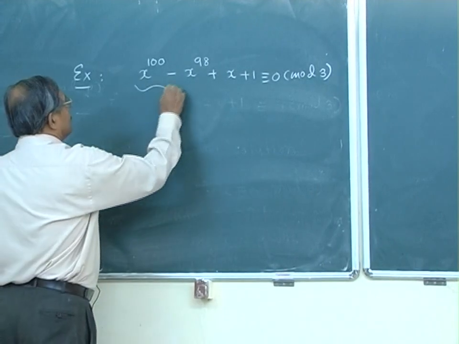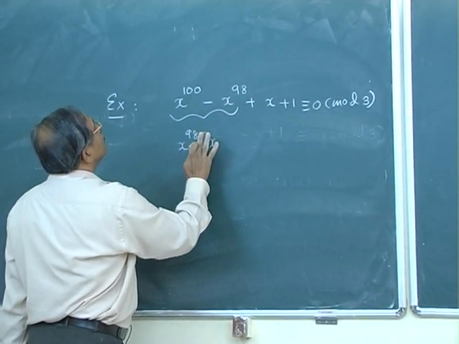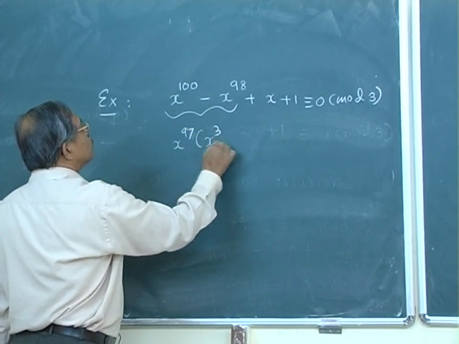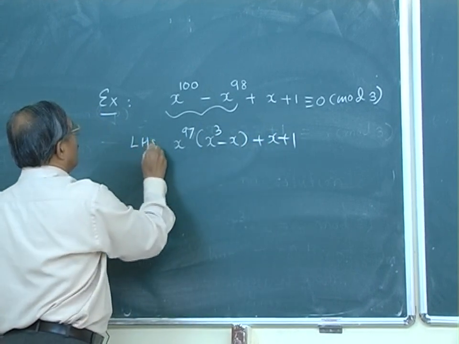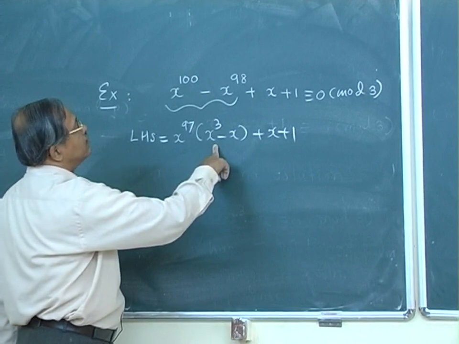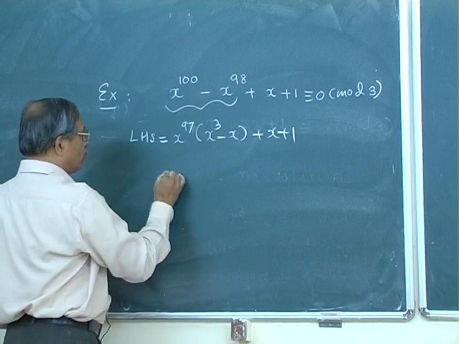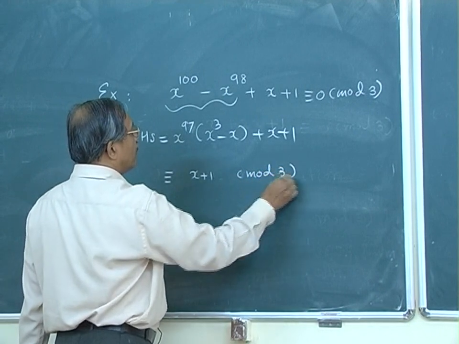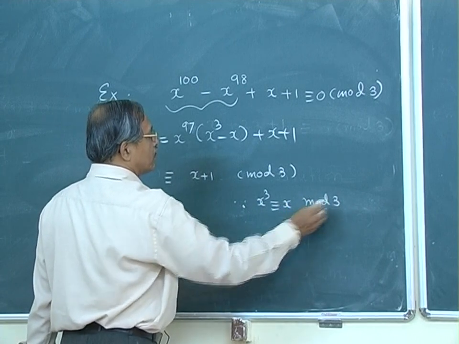See that the left hand side is just x raised to 97, let us say, multiplied by x cube minus x, plus x plus 1. And every value of x satisfies x cube minus x congruent to 0 mod 3, so this will be congruent to x plus 1 mod 3, since x cube is congruent to x mod 3 for any x.